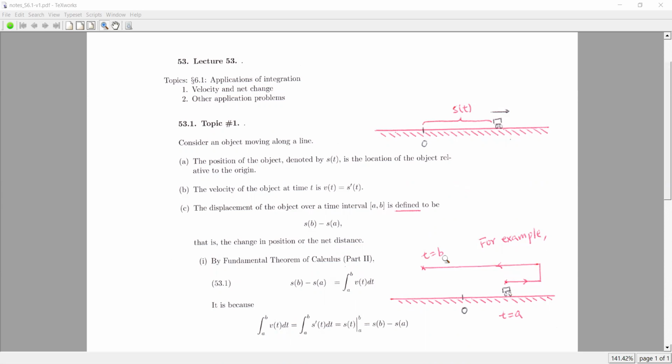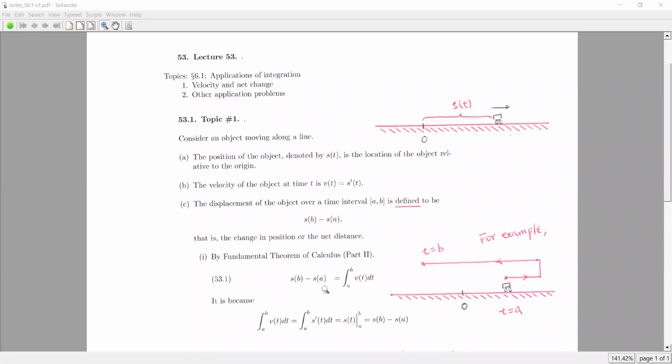And when time is B, the position of the object is here. So the displacement is the position of this point minus the position of this point. Because this point is to the left of this point, the displacement in this example is negative.